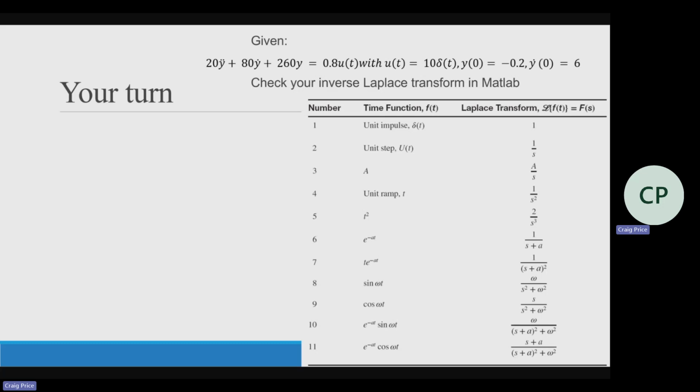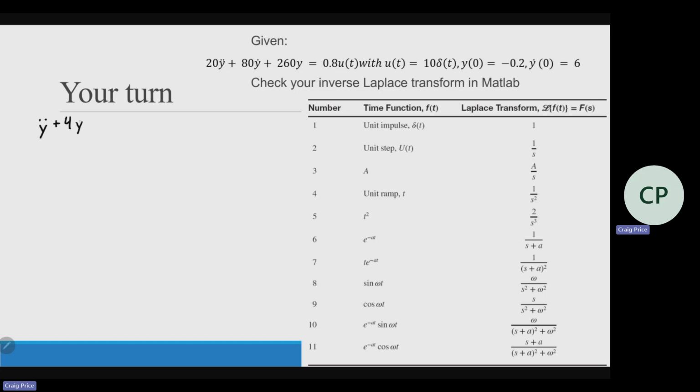Hey, before you get too far, what's the first thing you should do with this? Standard form, thank you. Because otherwise, you're going to have headaches the rest of the time, especially when you get to your partial fractions. So putting it into standard form will be very helpful. You want to get that y double dot by itself.